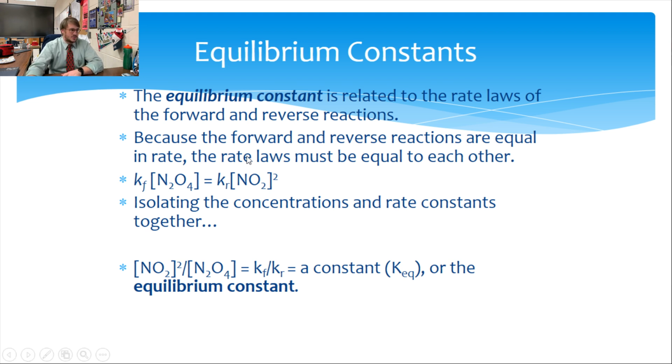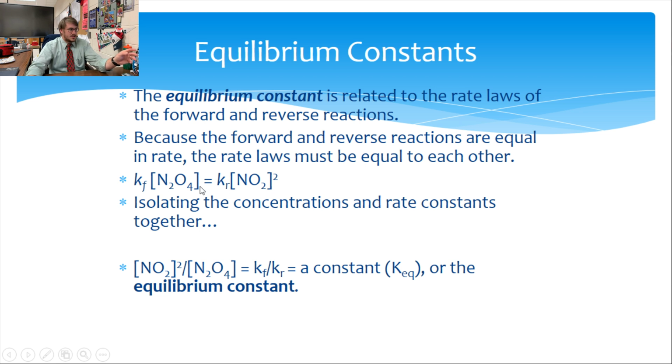So this literally means Kf, the forward rate constant, which is a certain value, times the concentration of N2O4, how many reactants there are. And that is set equal to Kr, the reverse constant, times the amount of NO2 raised to the exponent, which is its coefficient in this case.